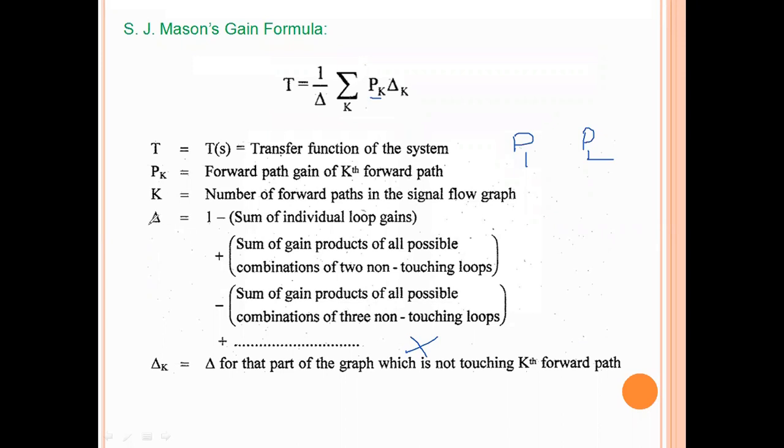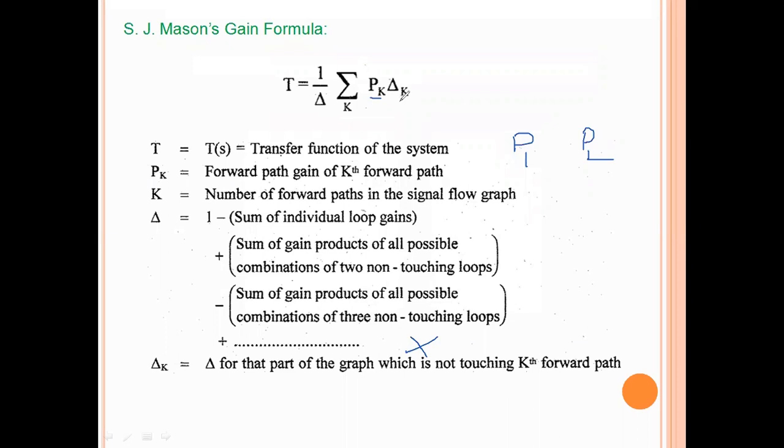When we solve a problem, you can understand very clearly how to get these terms: how we calculate individual loop gains, two non-touching combinations, and three non-touching combinations. And the last term is delta k.